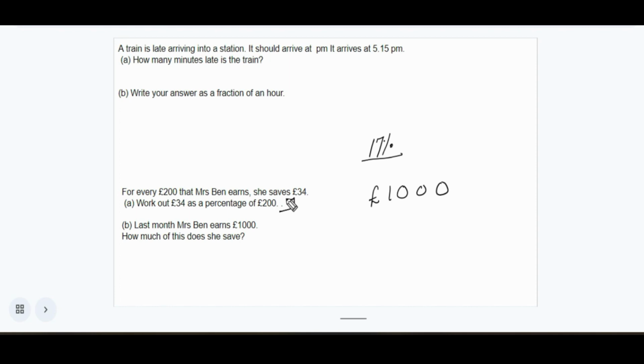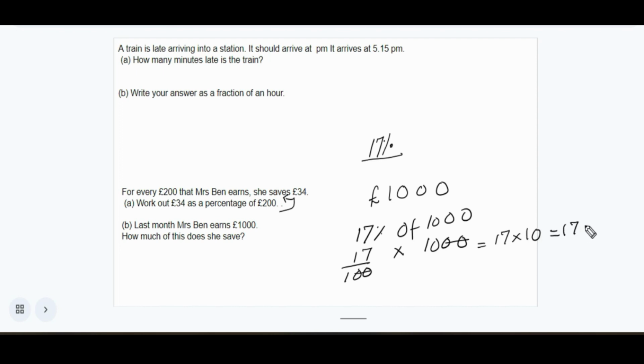Because we have just found out that she is actually saving 17%. So how can we find 17% of 1000? 17 divided by 100, that means 17 out of 100 times 1000. 2 zeros will be cancelled out with these 2 zeros. 17 times 10, we are left with 170 pounds. So this will be her total saving.